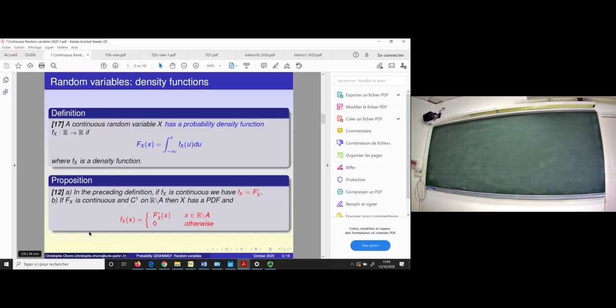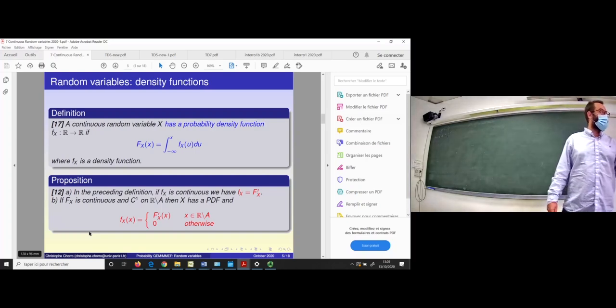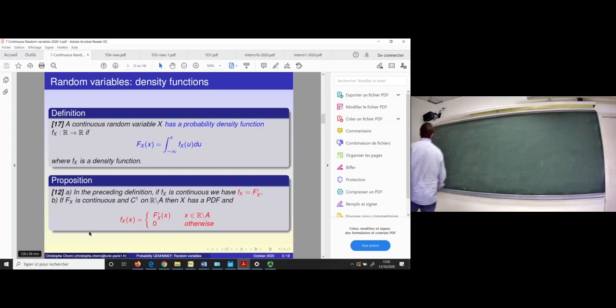Okay? So the idea is to try to find the distribution function of z in order to recover its density computing the derivative.